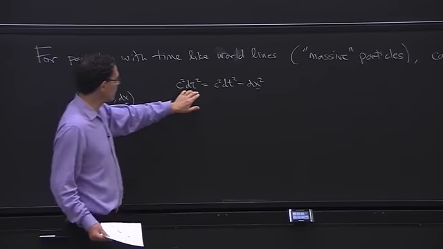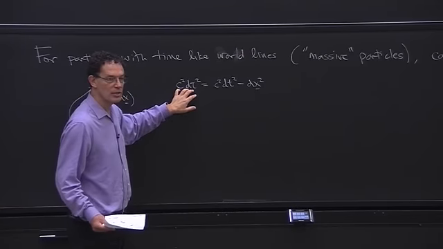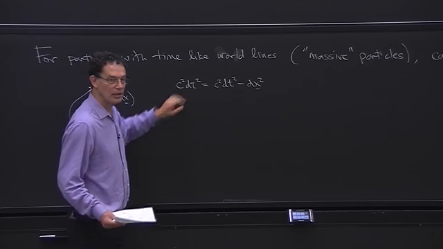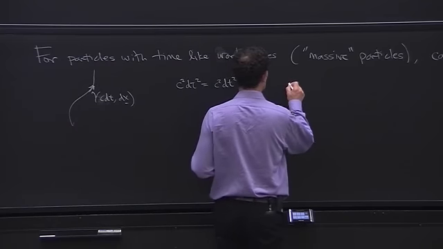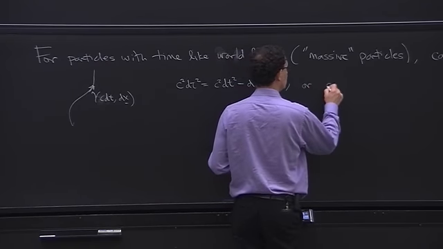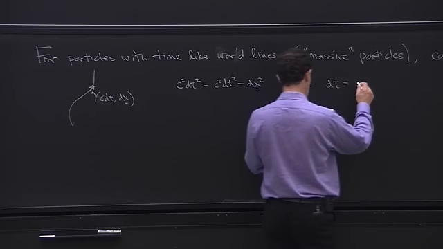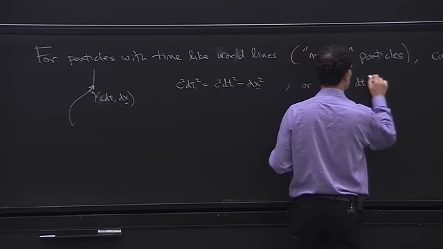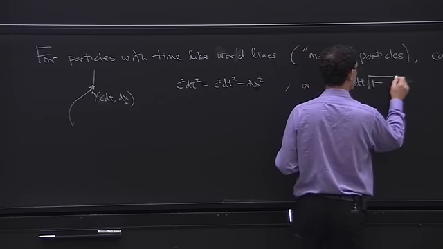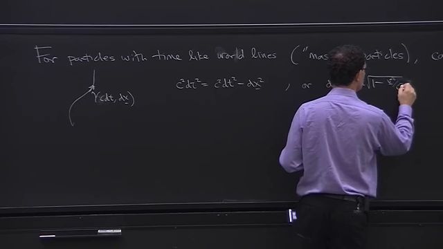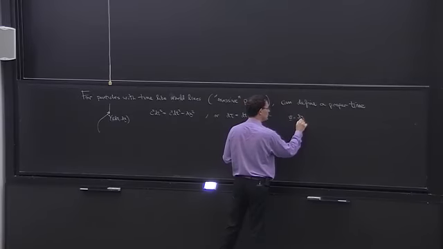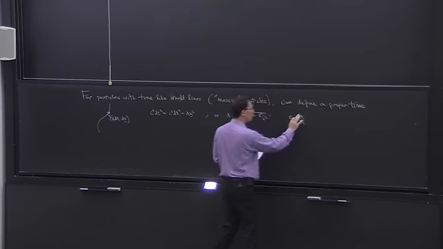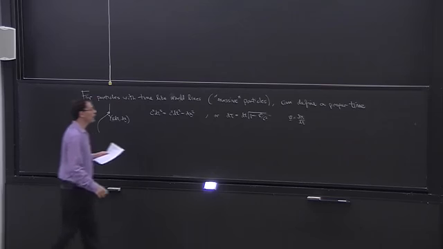And so because it's positive, we can re-express it as the square of something. And the something is this dτ. So in other words, dτ = dt times the square root of 1 - v²/c², where v = dx/dt. The velocity of the particle, the ordinary velocity, is dx/dt.